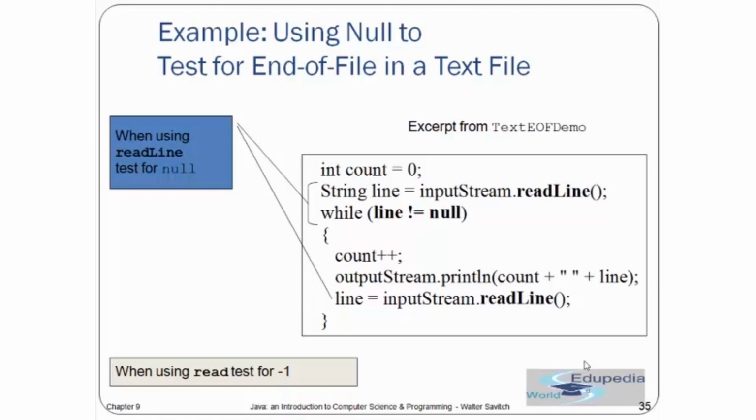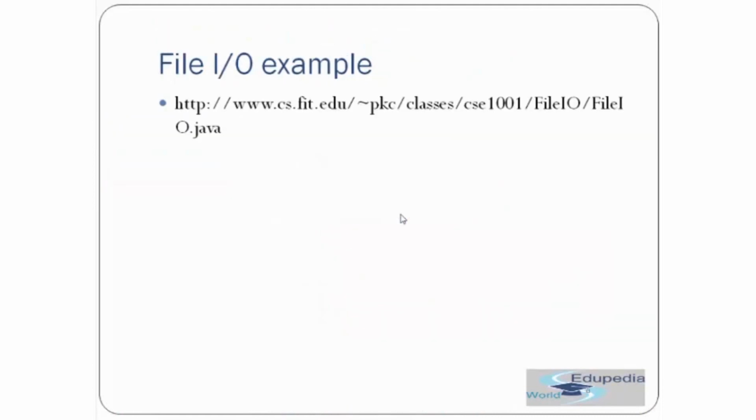So when using readLine, we need to test for null. Okay, and when we use read instead of readLine, then we can use -1. That means when the value is not equal to -1, it will tell us whether the end of file has occurred or not. Fine.